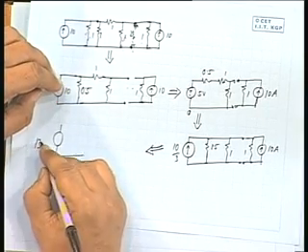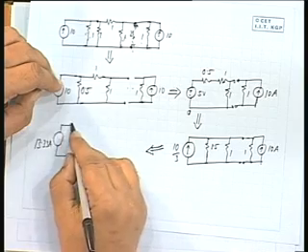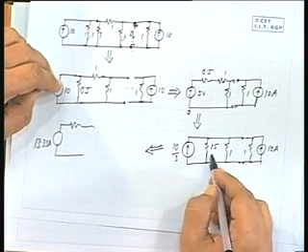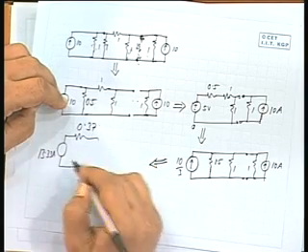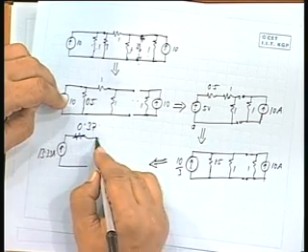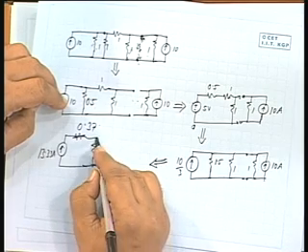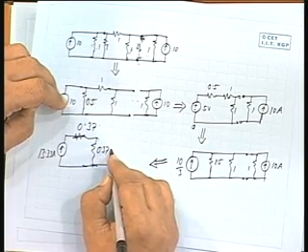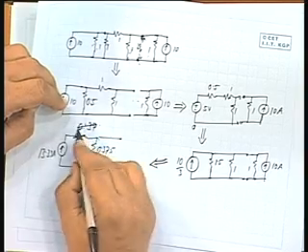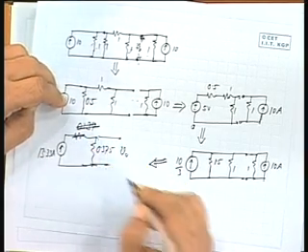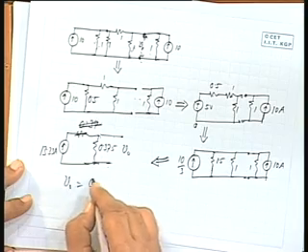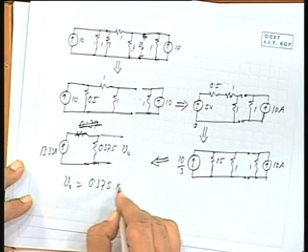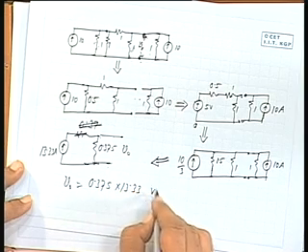So, 13.33 amperes in parallel with 0.375. And what is this voltage? Voltage across this is the current multiplied by this resistance. So, the voltage V naught will be 0.375 into 13.33 volts.